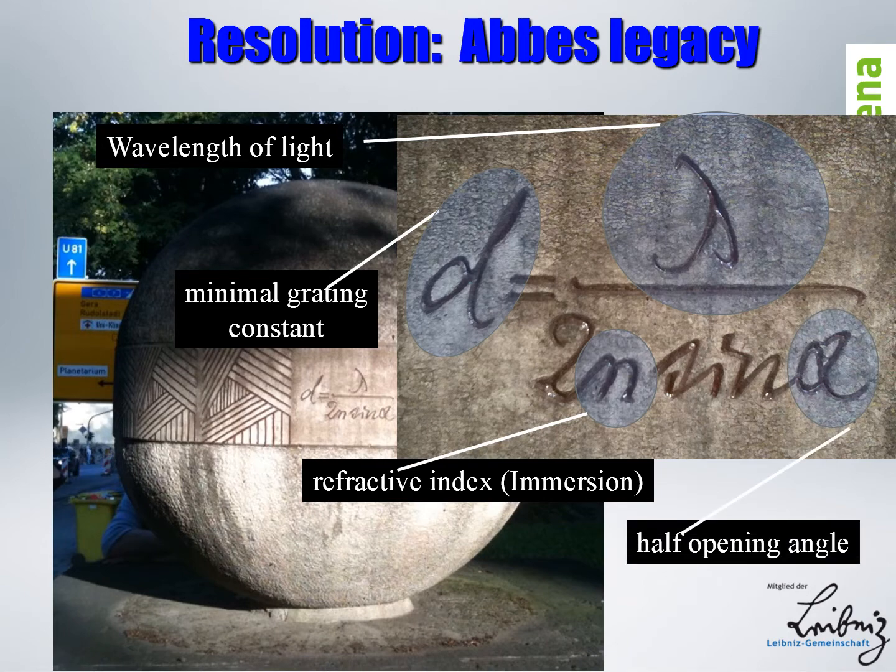Then we have the factor of 2, and we have sine alpha, where alpha is the half opening angle of the objective, which is really measured as what would correspond to the ray that just makes it through the backfocal stop aperture. But the interesting bit here is you should also realize it doesn't help to make alpha bigger than 90 degrees. You see, sine alpha would reach 1 if we have the perfect objective, so to say, but even then there's lambda over n, which is lambda over 2n, which limits us in resolution.